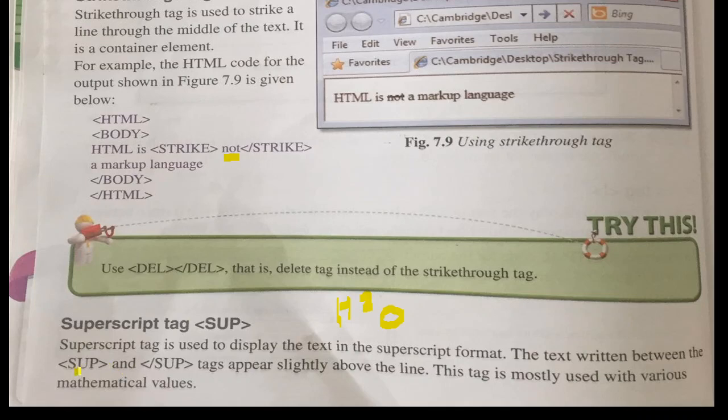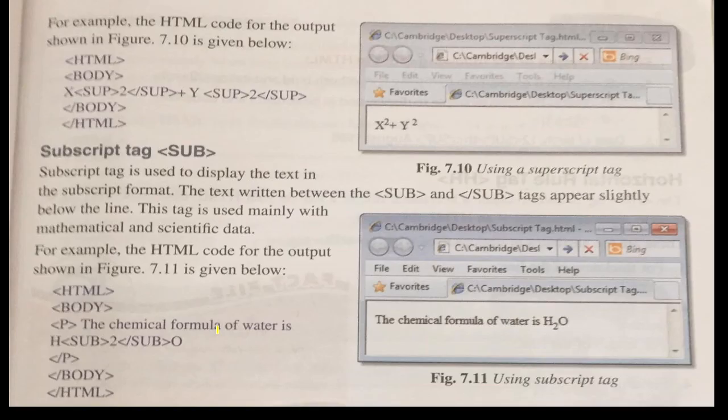So here is the SUP, S-U-P, and then followed by the closing tag. As you can see here, x squared plus y squared. So how can you make it superscript? The 2 and then another 2 here, x squared at the top plus y squared.